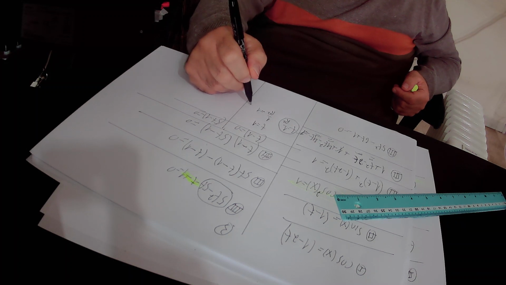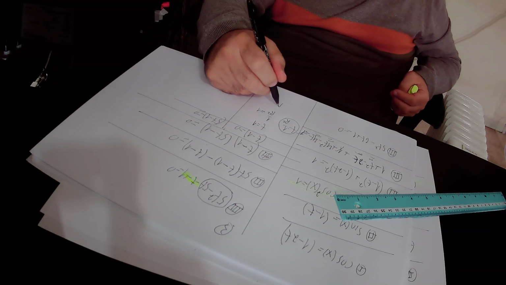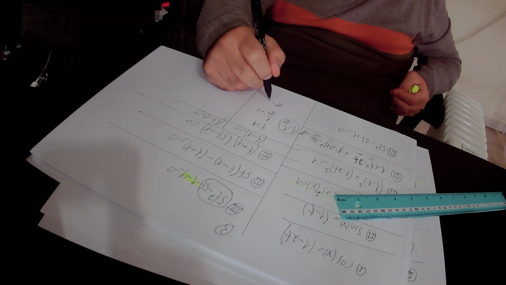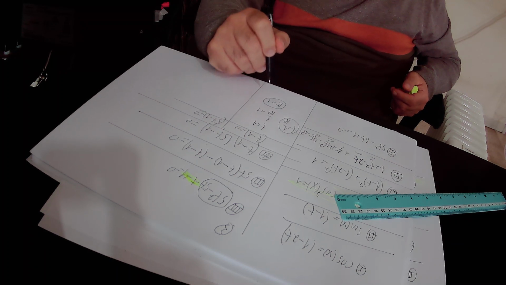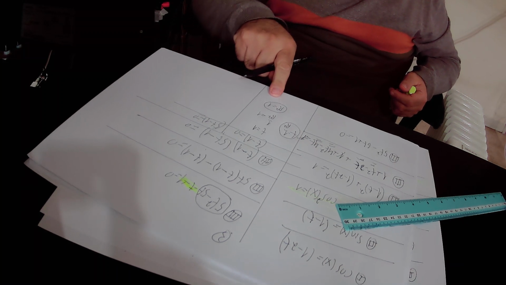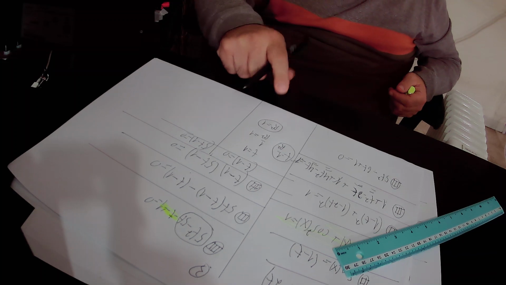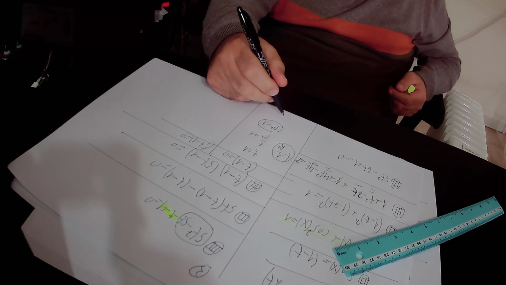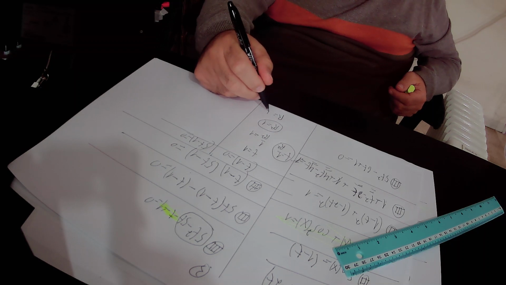We multiply this equation by r squared, and we get that r squared equals 1. We take a root of this equation, and we get that r equals plus minus the square root of 1.